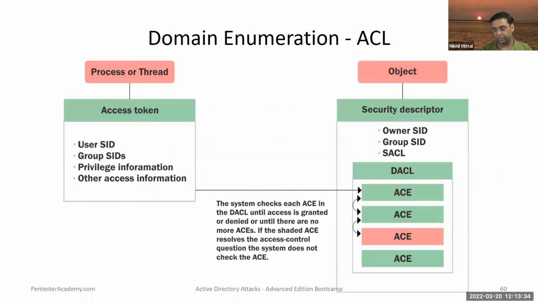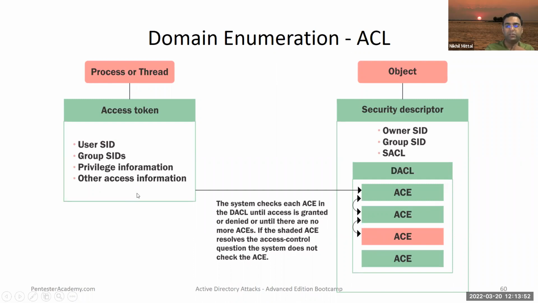Now let's take an example of Active Directory, not of a cafeteria. Let's say a process or thread has an access token. What would the access token have? The user's SID, the group SIDs the user is a member of, and any other privilege or access information.